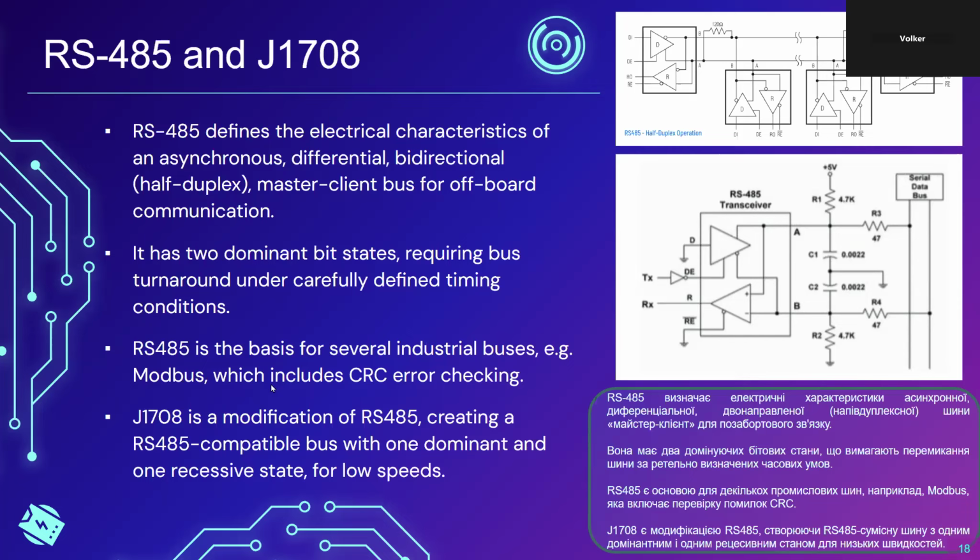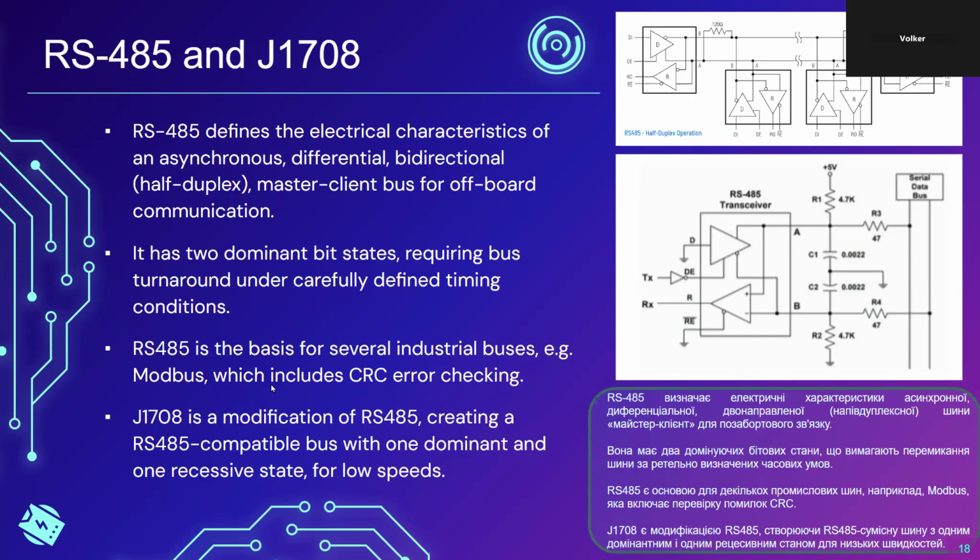What that does is it creates one dominant state and one recessive state. The recessive state is implemented by the pull-up and pull-down resistors R1 and R2. I don't really want to go into further detail here. It is quite a clever design. What it means is there is no collision. If you're using J1708, you don't have an error state.